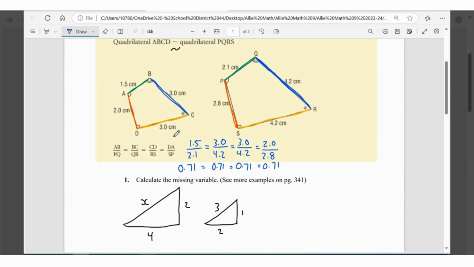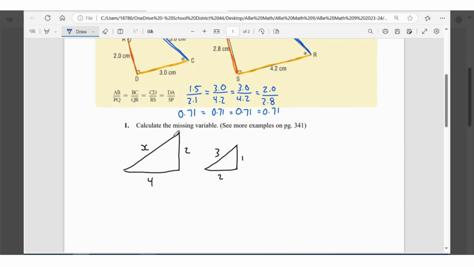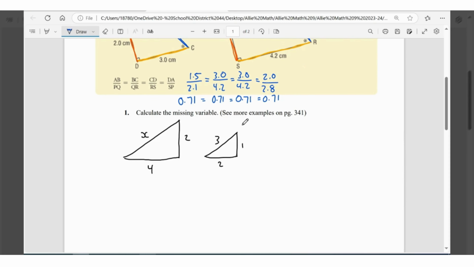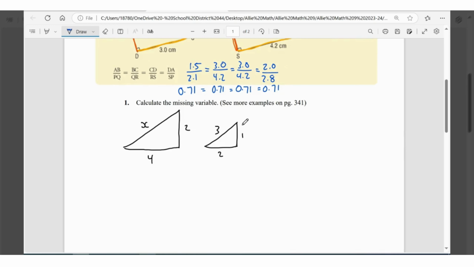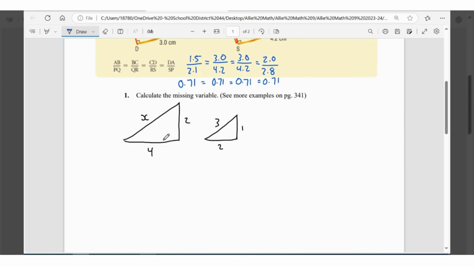So let's do a question. Calculate the missing variable. There's more examples on page 341. So we know nothing of the angles, but we can check that the sides are proportional. So this side right here should be proportional to this side, and this side to this side. So it should be true that this side should compare to this side.